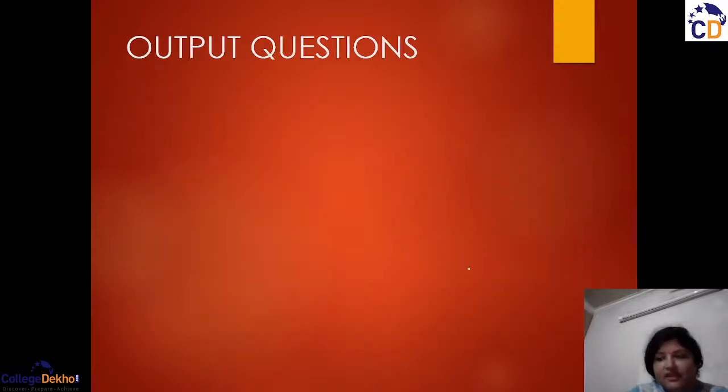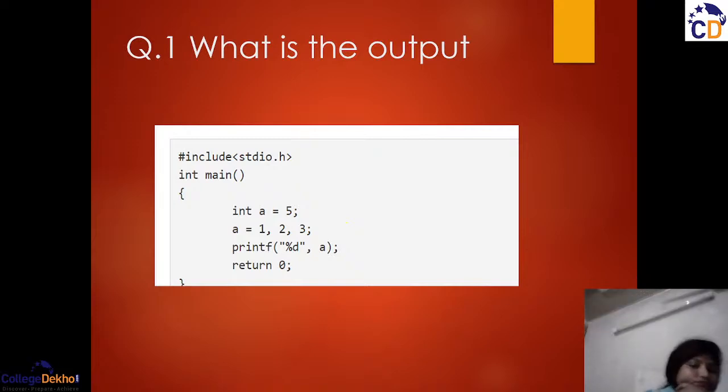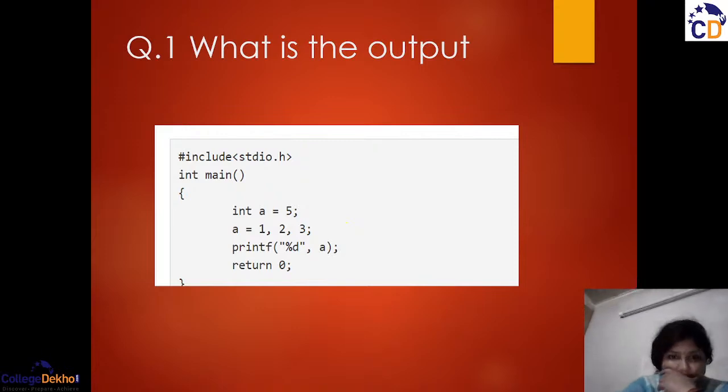Now let us take some examples using some questions. There is one program where you have assigned a variable a number of values, right? You have assigned 1, you have assigned 2, and at the same time you have assigned 3. So basically it moves from left to right.